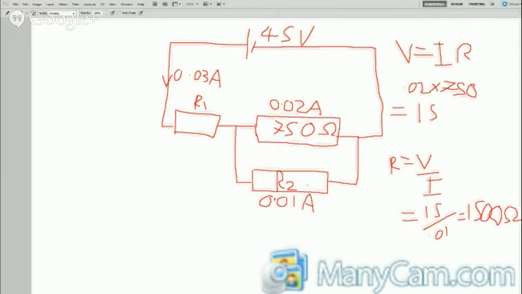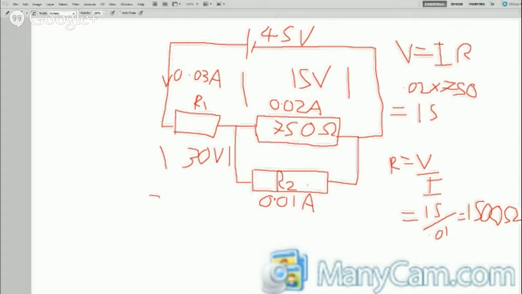Now, because there's 15 volts across here, it means there must be 30 volts left over across here. So that's Kirchhoff's voltage law. Sum of voltages in a loop must be equal to the EMFs.